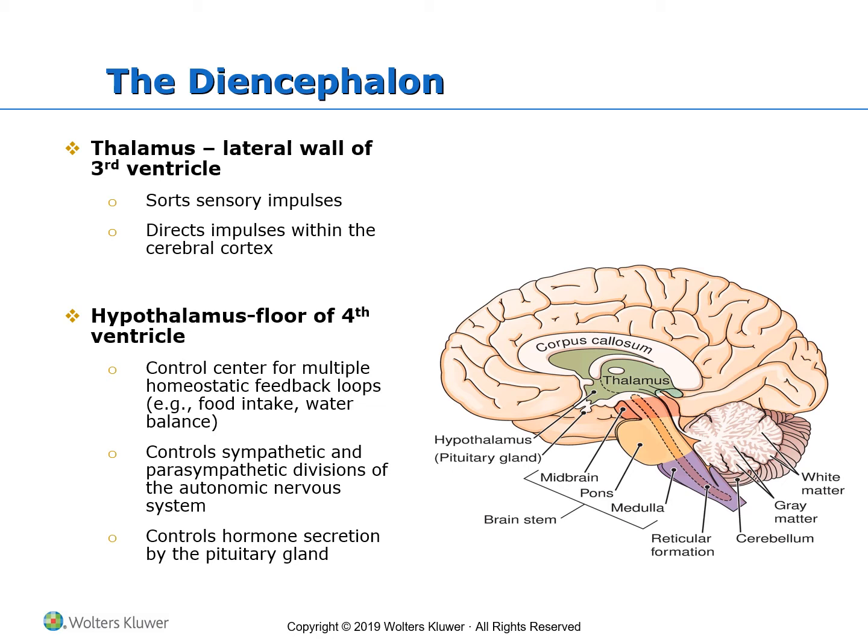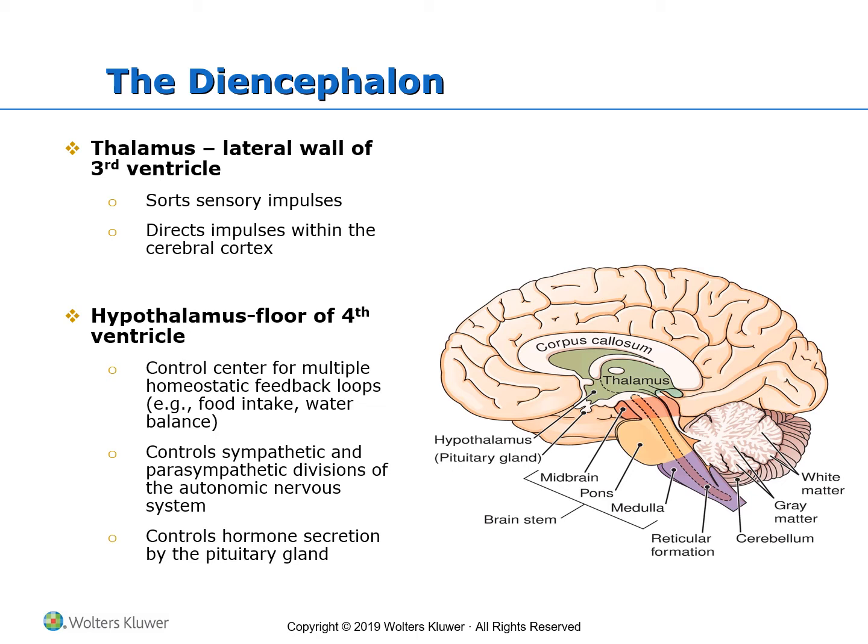The hypothalamus is located in the midline and inferior to the thalamus and forms the floor of the third ventricle. It acts as the control center for any type of negative feedback that controls some basic types of body processes, such as body temperature, needs for food intake, and water balance.